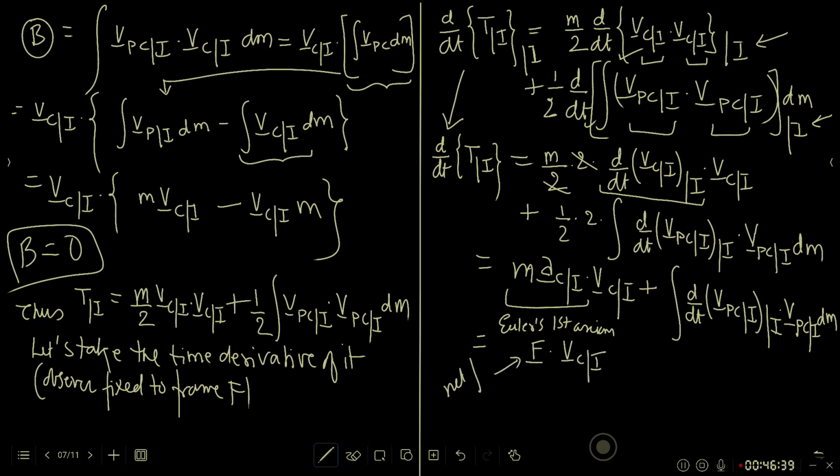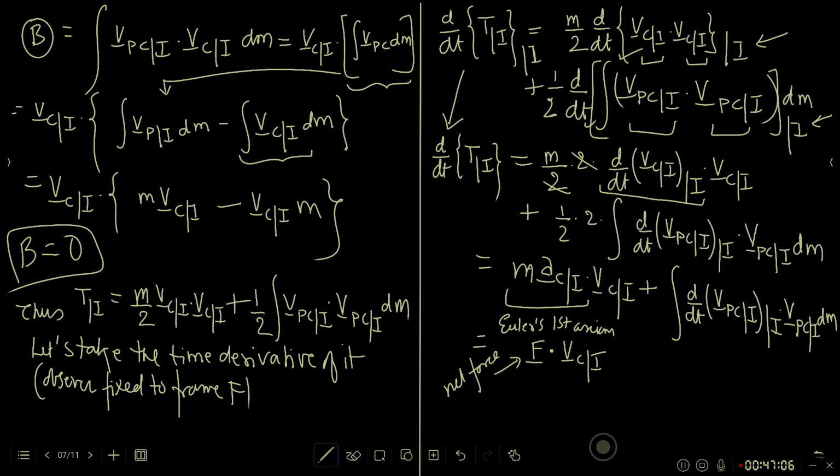It means that the work energy theorem is going to be dependent on this equation, Euler's first axiom, which is fine. I said it in the beginning itself that work energy theorem is a sort of combination of Euler's first axiom and second axiom.